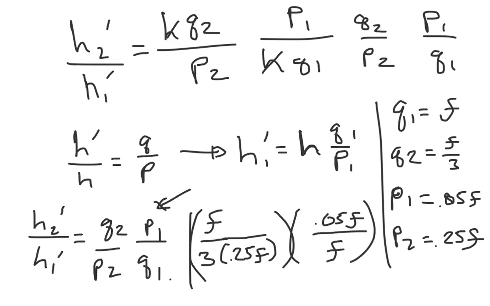Okay, so what is that number? Obviously, all the F's are going to cancel. So you're looking at 0.05 or 3 times 0.25. I would get a number for 3 times 0.25 and then divide that by 0.05. What number are you getting there?